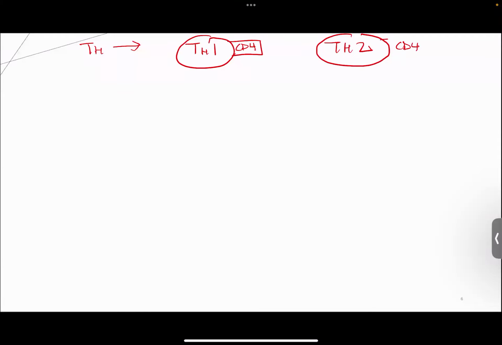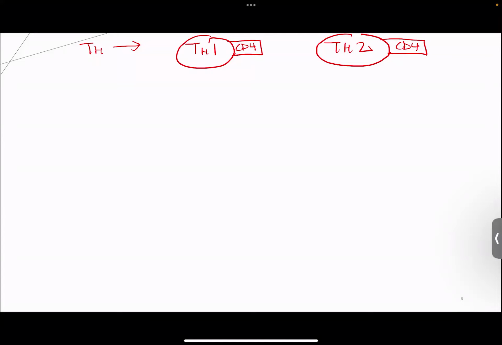Once you've activated your T helper cell and you've turned it into TH1 or TH2, these are still CD4 positive. So these still recognize MHC2. That doesn't change.